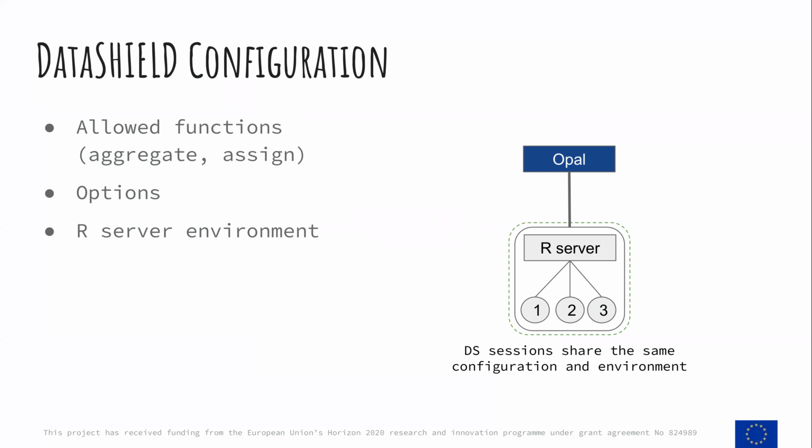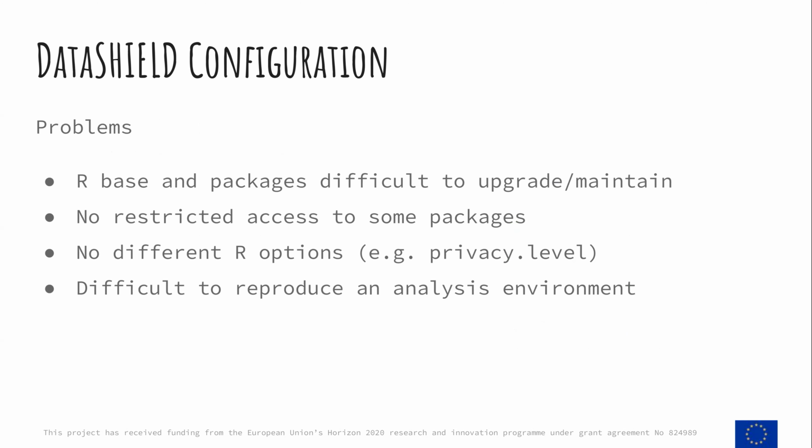The rationale of having profiles is that in the standard DataSHIELD you basically have Opal or Armadillo that connects to an R server, and all the sessions live in the same configuration and environment, so it's pretty rigid. The problem is that it's difficult to upgrade the R base and packages, because when we represent our server, in fact, it's multiple pieces of software, so hundreds of packages and system libraries, and it's difficult to upgrade and maintain this.